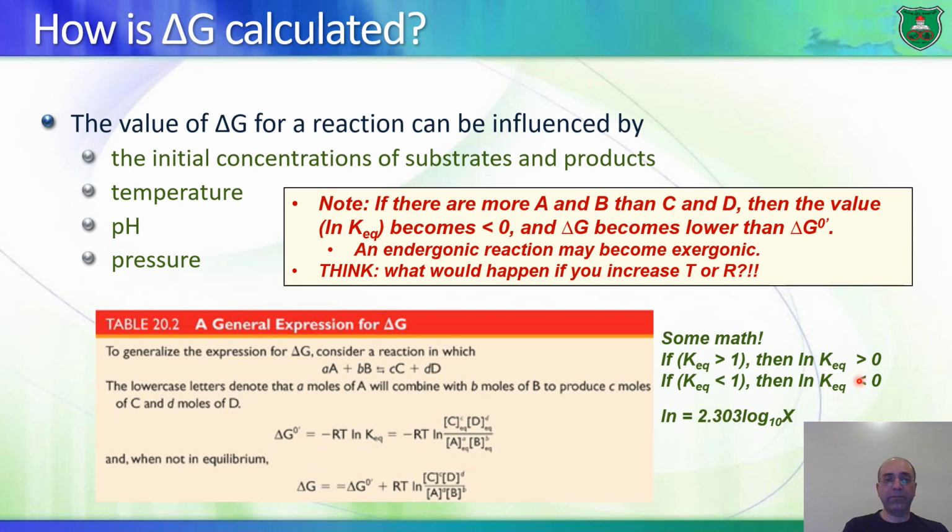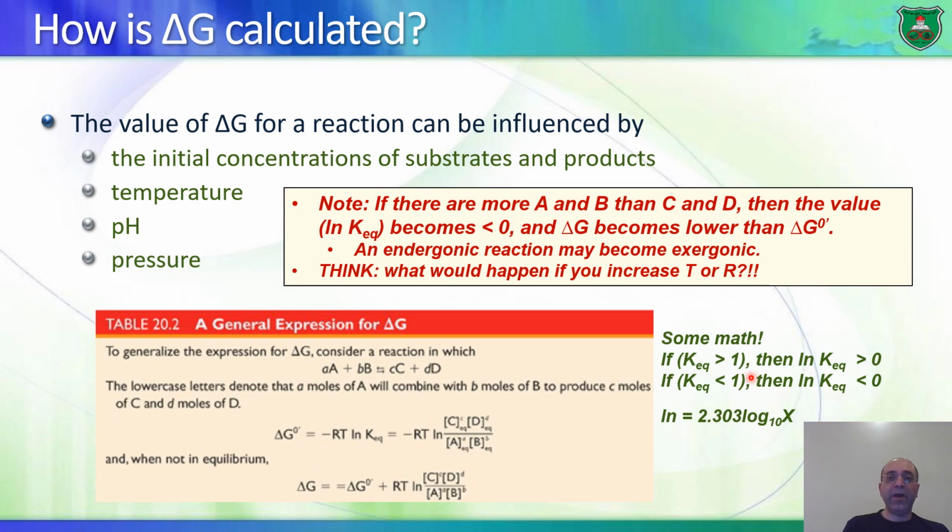On the other hand, if you have more substrates than products, this ratio would be less than 1. And the natural log of something that is less than 1 would be less than 0, meaning that this positive sign would become negative. And delta G in this case would be less than delta G naught prime.